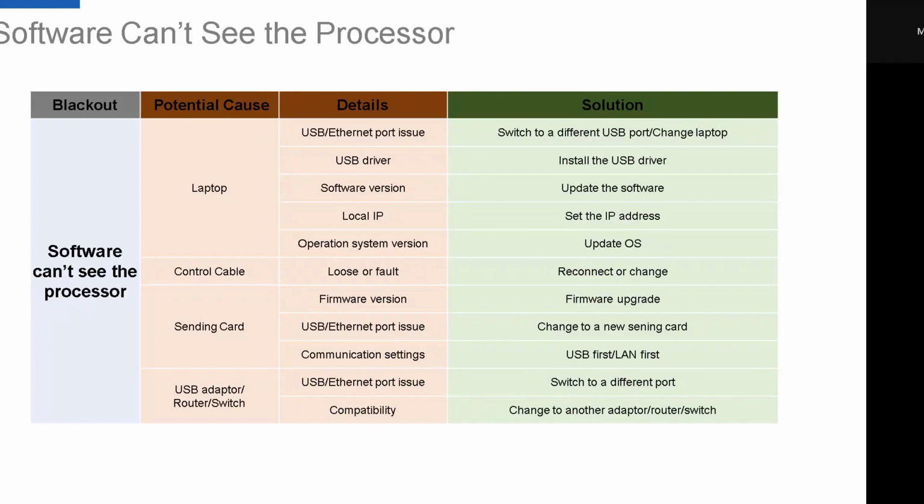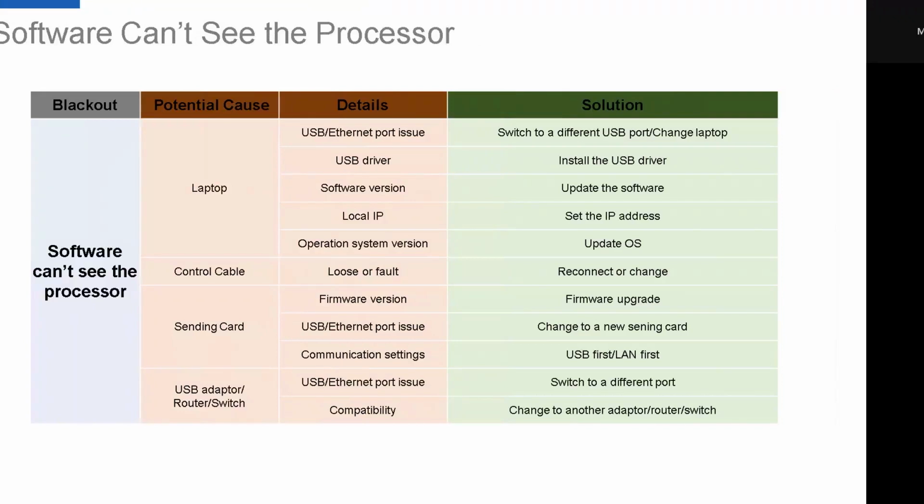The third one, update the software to the latest one. The fourth one is the local IP. Make sure the IP address of the laptop and the IP address of the controller are in the same network segment. And the fifth one of the laptop part is operating system version. Update the operating system to the latest version.